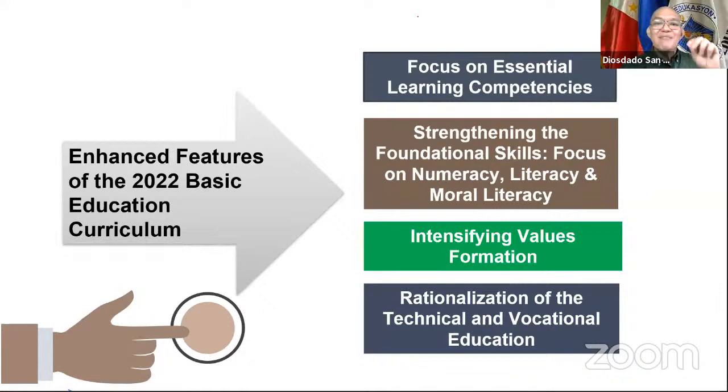Second, as already mentioned, I think they are actually aligned. We have to strengthen the foundational skills, focusing on numeracy, literacy, and moral literacy. As I've said, we want Filipinos who are not only properly shaped mentally or intellectually, but Filipinos with very good hearts.